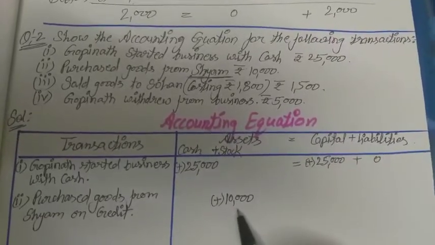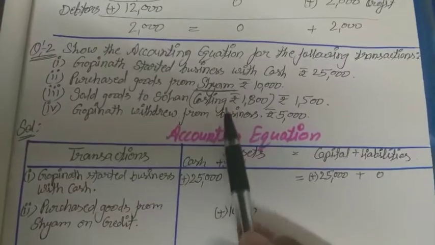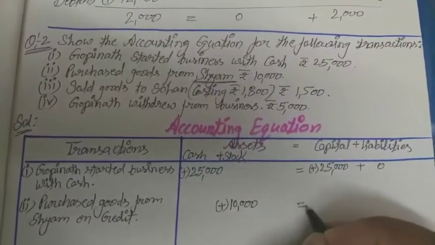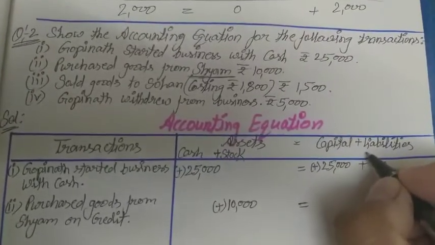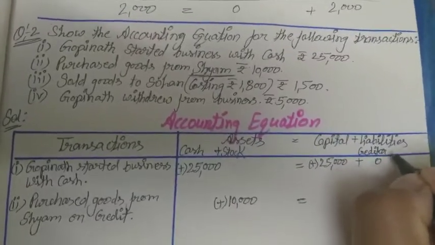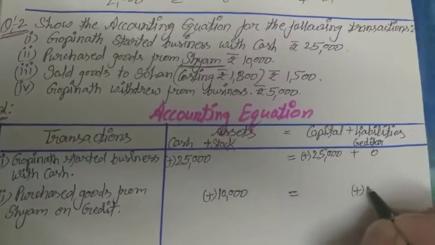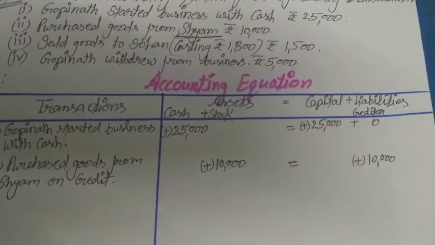Okay, 10,000 stock will increase, and we are purchasing these goods on credit, so it will affect the liability because creditors will increase. So we will make one more head under the liability, that is creditors. So creditors are increasing by rupees 10,000. Any problem here?